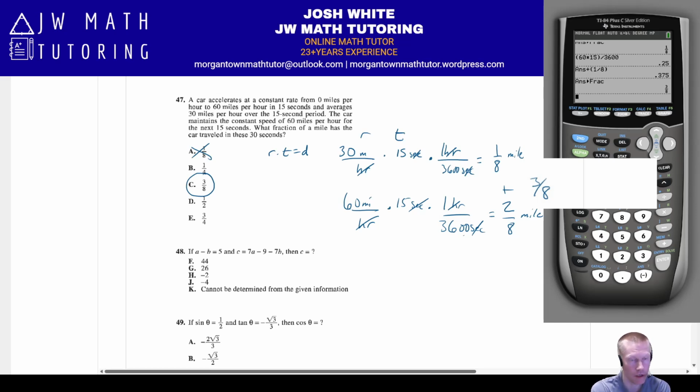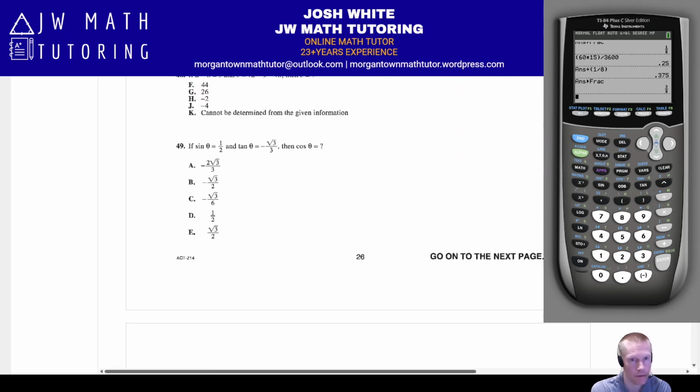This is number 47. Next up, I want to take a look at 49. Now, this one, there are actually 3 different ways you could do it. One way, which is actually the quickest, is to note that tangent is equal to sine over cosine.